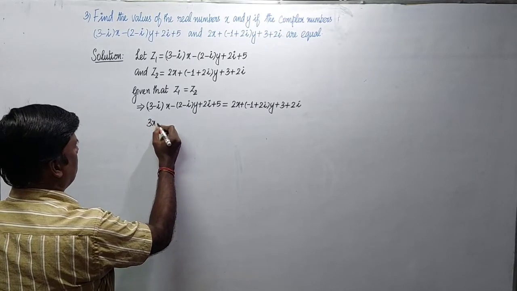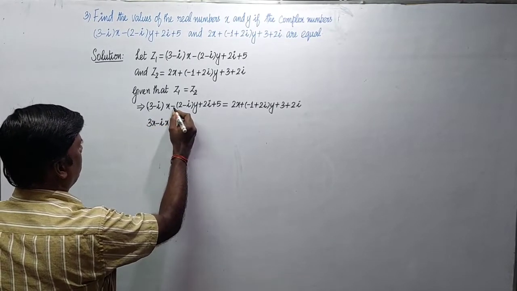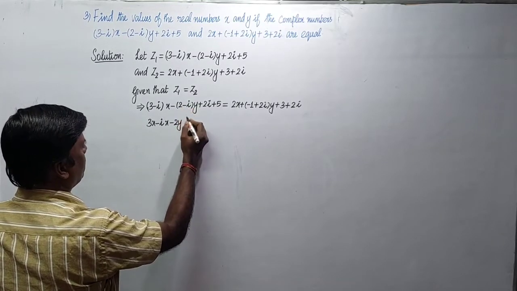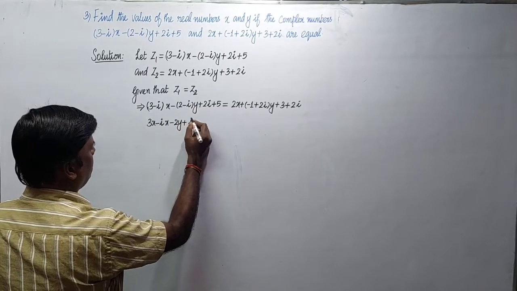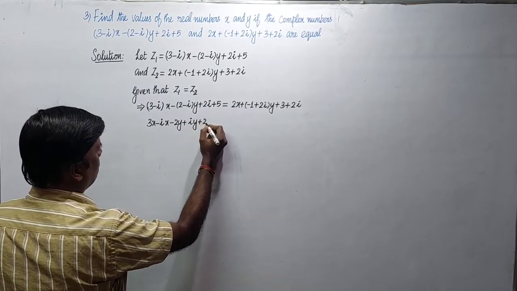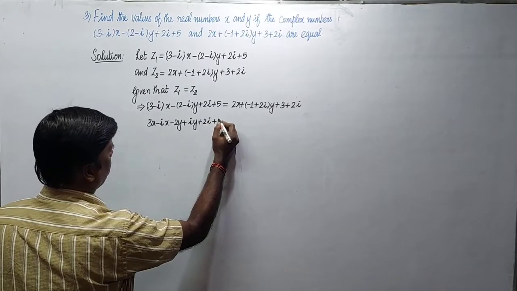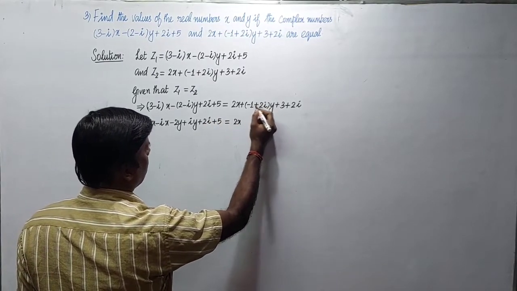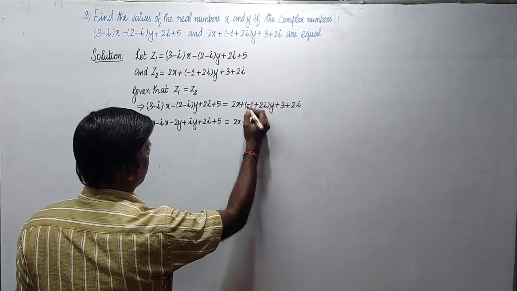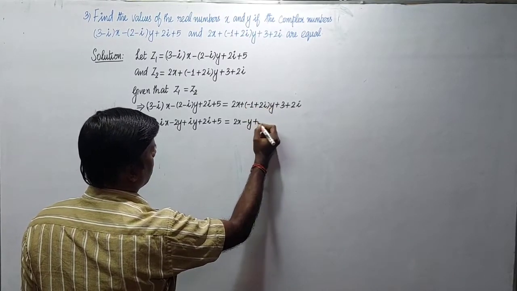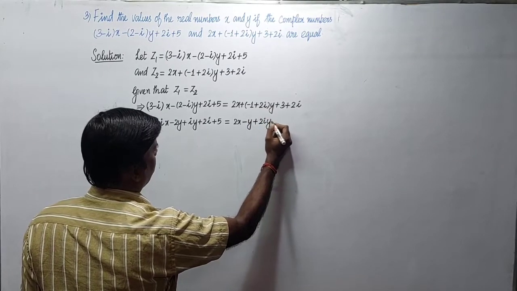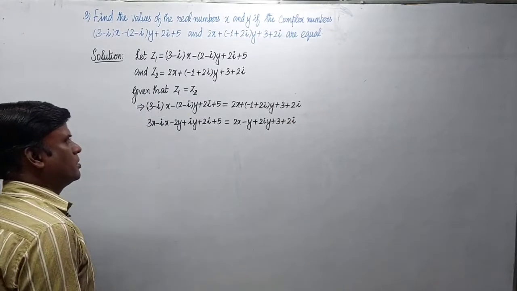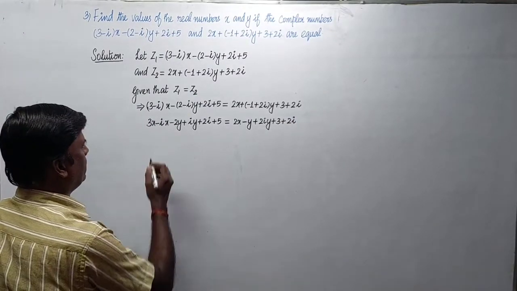So 3x minus ix minus 2y plus 2y minus of minus i plus iy plus 2i plus 5 is equal to 2x plus minus 1 into y, minus y, plus 2iy plus 3 plus 2i. So group the real parts separately.